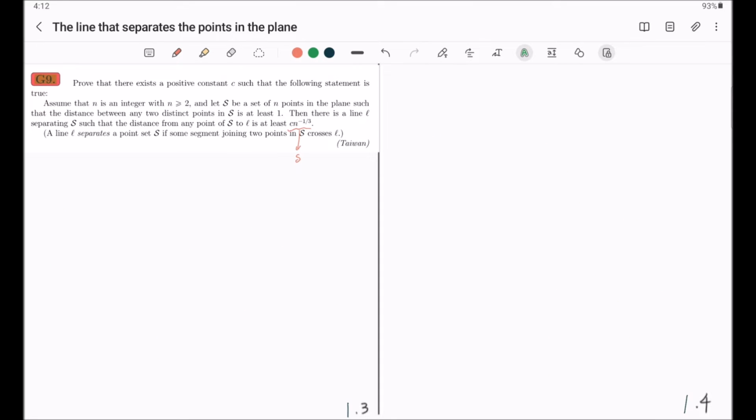Okay, now with the notation set up, we'll talk about the desired situation of this problem.